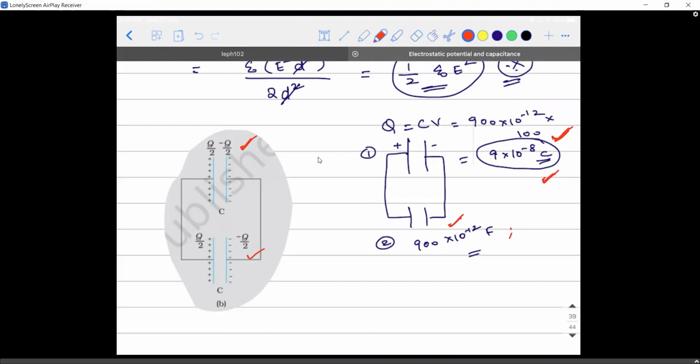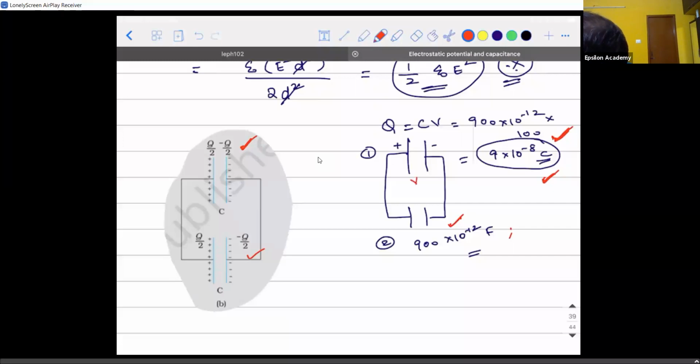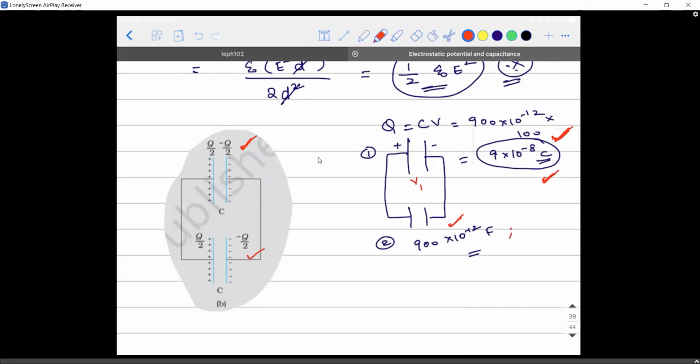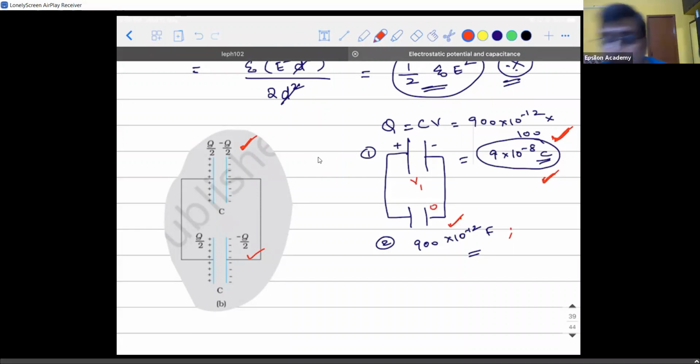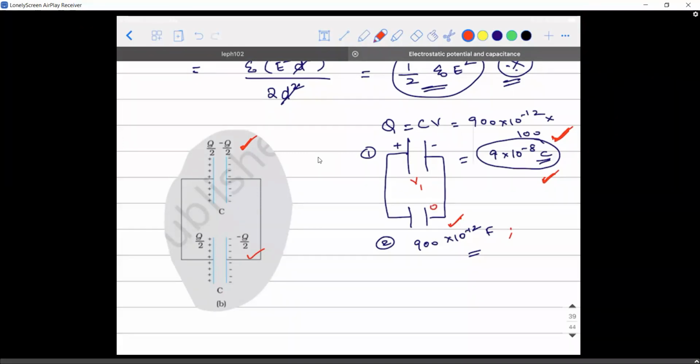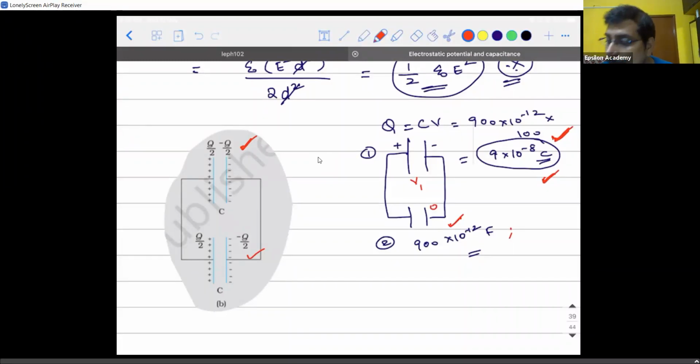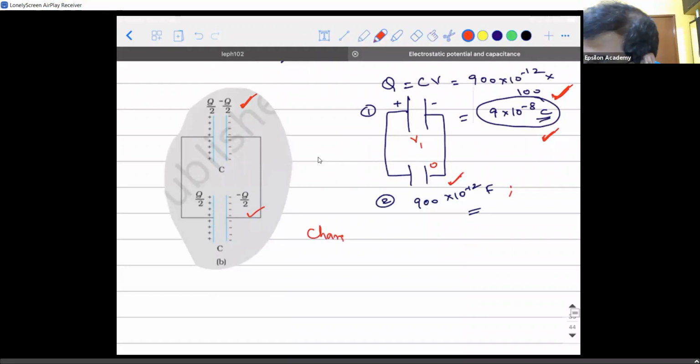Okay, sir. Means if I say the initial potential of this first capacitor is V1, what is the potential of the second capacitor? Initially it is 0. V1 by 2, sir. When will charge redistribution stop?